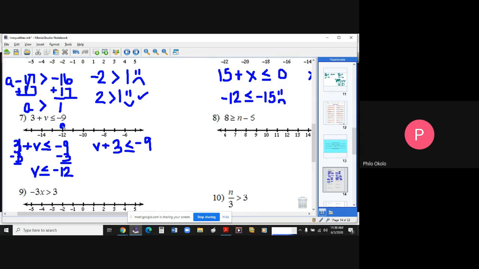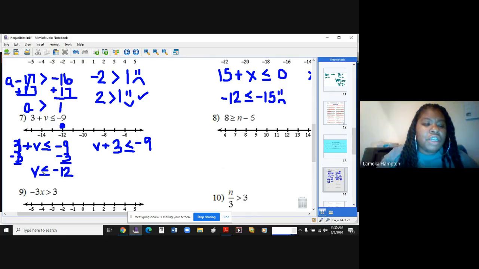Because it has a sign of greater than and less than. Yes, because I have the equal to sign under my inequality.